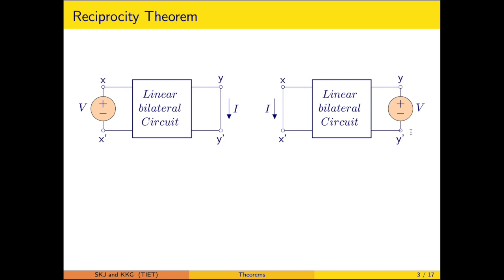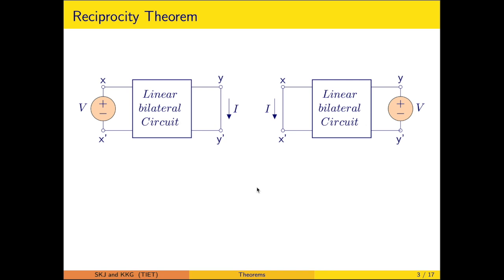Now the input is at the Y dash and the output is measured at the X dash. If the ratio of this input to the output, or you can say V to I, remains the same under both conditions, then the circuit will be reciprocal.